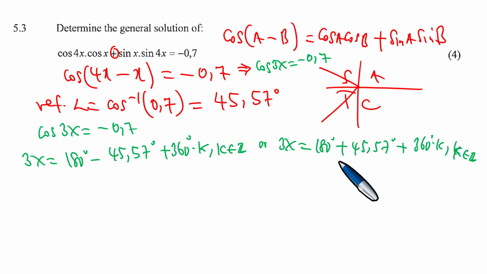So if we have the cosine of 3x, cosine of 3x is equal to exactly that one there. Okay, so now this one is 3x equals, and at this point you have exactly 180 degrees minus 45.57.